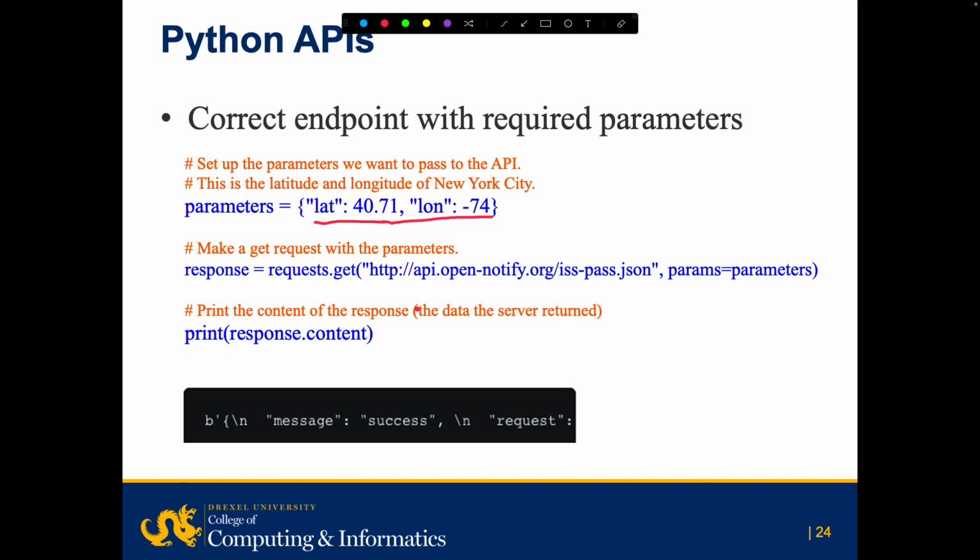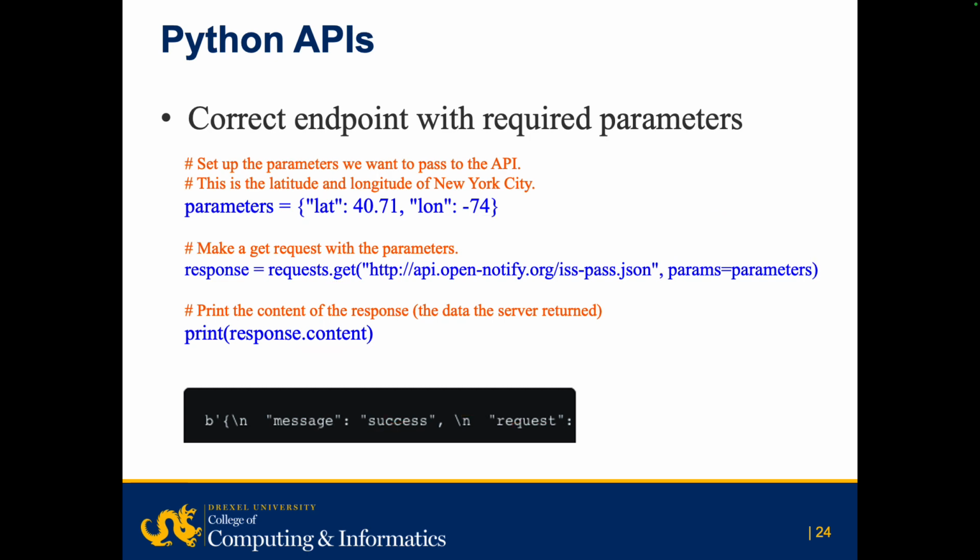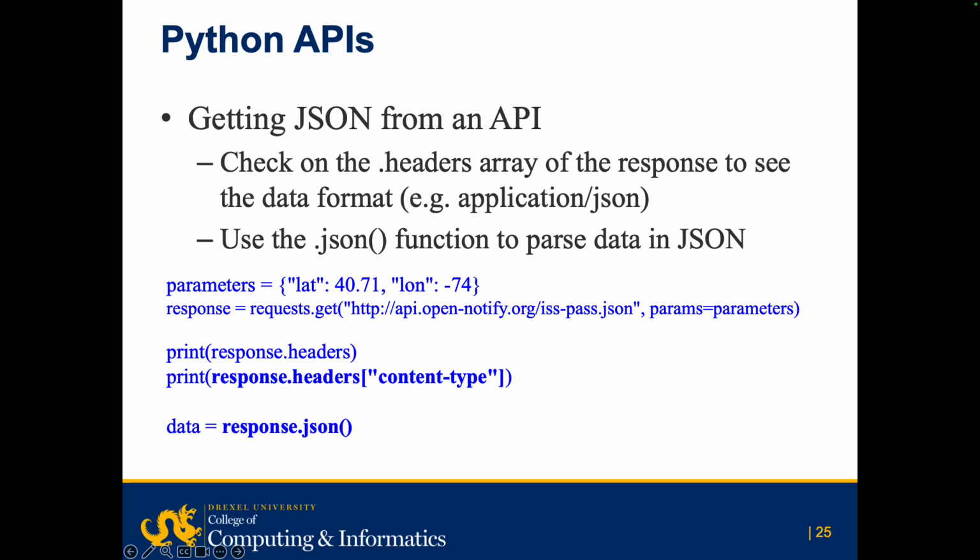Okay, so that is the parameter that you can send. And so when you send the GET request, you can also add the parameter to it. And then as part of the response, you are going to get all the message, the data from that API. So this is just one example of it. The data that you get from an API is in a JSON format.